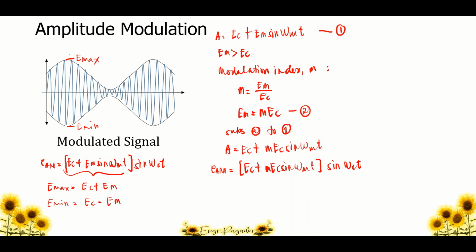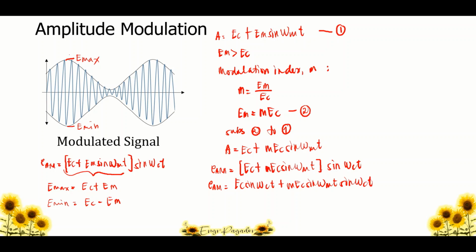But let us further distribute sine omega ct to our amplitude. So, what happens here is we will have an equation of the modulated signal equal to EC sine omega ct plus MEC sine omega mt sine omega ct. Okay?